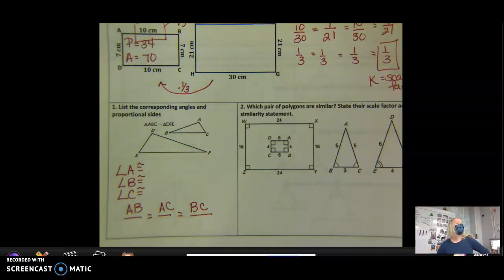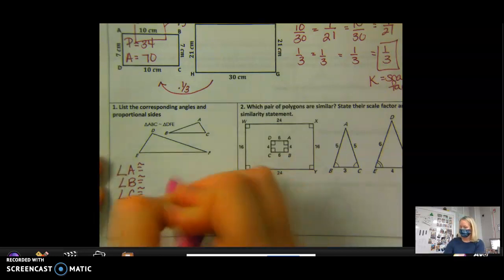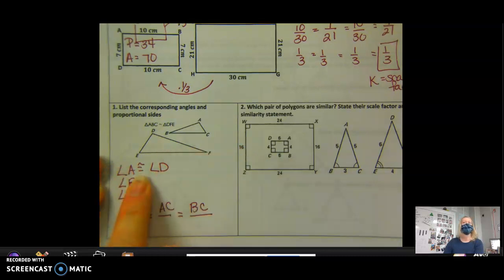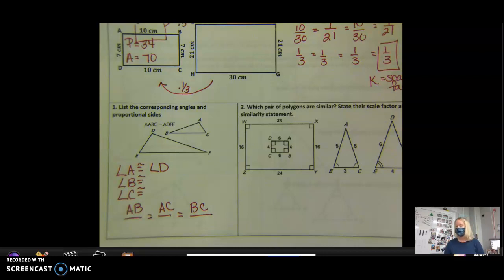Okay, what does angle A match up with? D. Do you guys see how I wrote this symbol? What's this symbol? Congruent. Why can I write congruent on that guy? Because what do we know about angles of similar figures? They are exactly the same. So we can write that those are congruent.